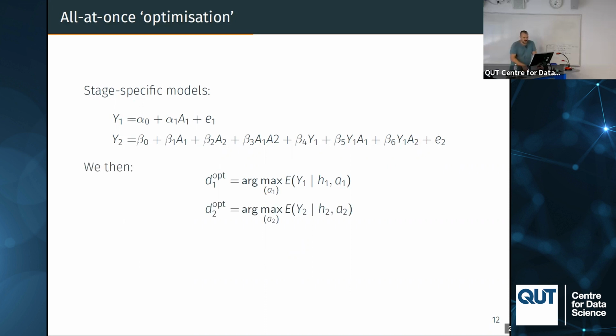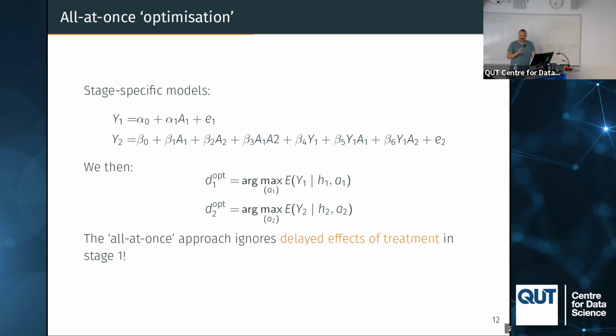And then we might define some rules that we think to be optimal: the treatment in stage 1 that maximises the first stage outcome, and then the treatment in the second stage that maximises the second stage outcome. But this approach completely ignores the delayed effects of treatment from stage 1 into stage 2.